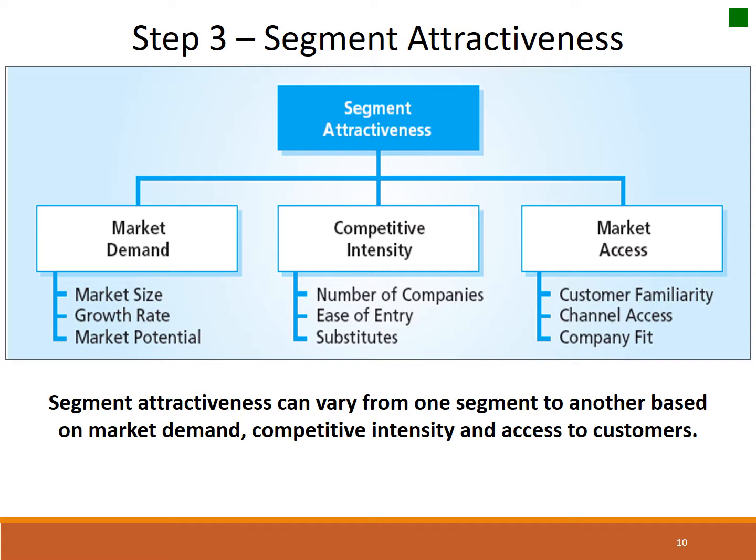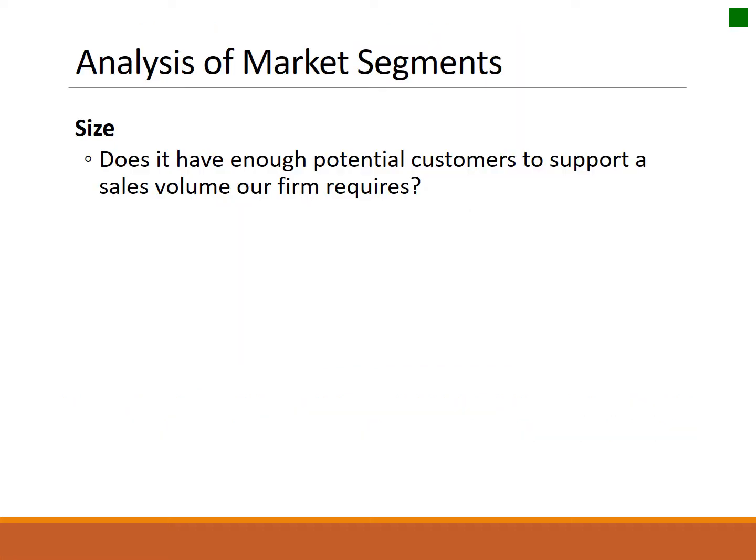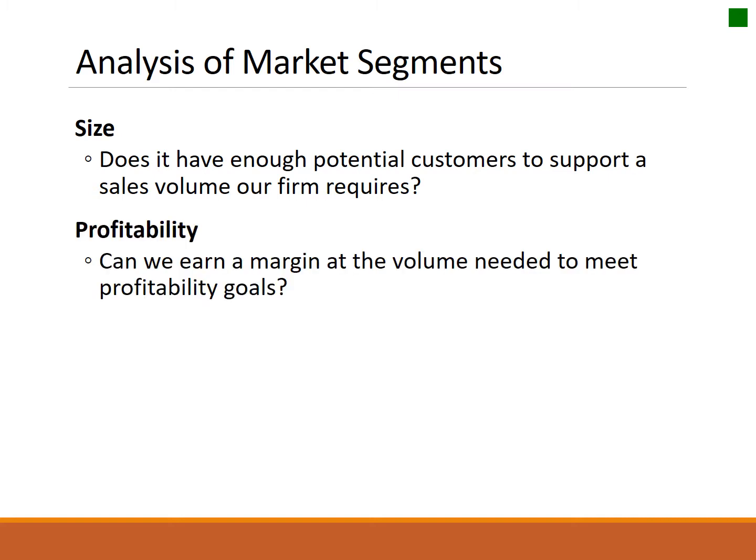To formally look at these different features, there are different categories that could help streamline this a little bit more. We can look at the size specifically of each market segment and compare each market segment on the number of potential buyers that are there. We can look specifically at the profitability, so we can imagine how much we would charge each market segment from a price perspective, and how much each market segment would cost us in order to do business with them to get a profitability measure.